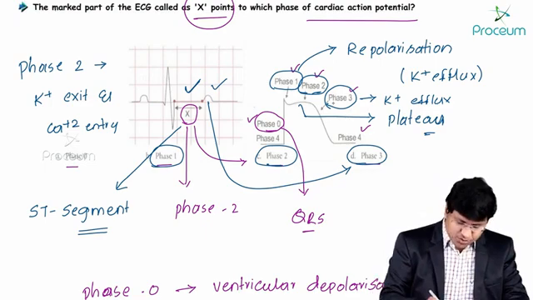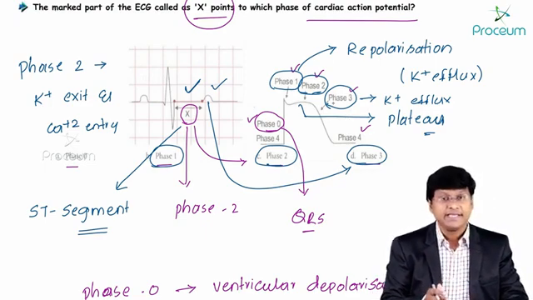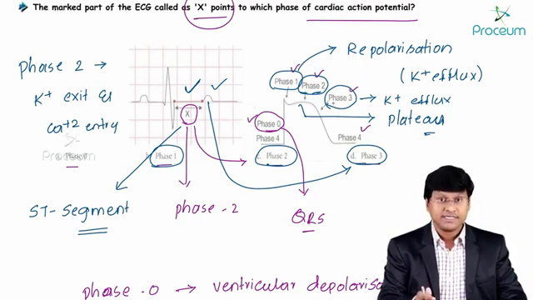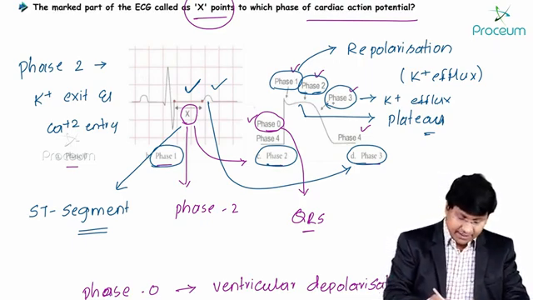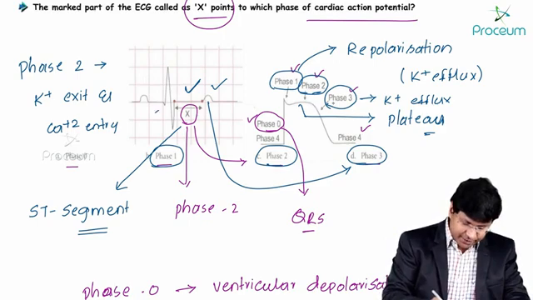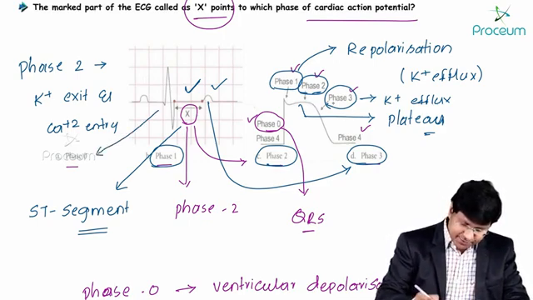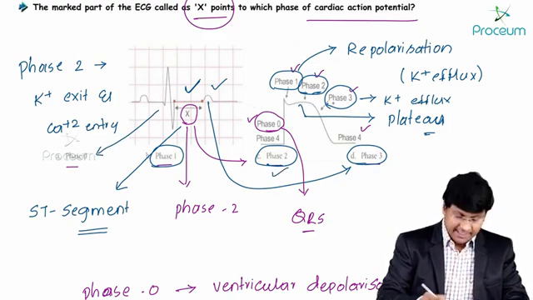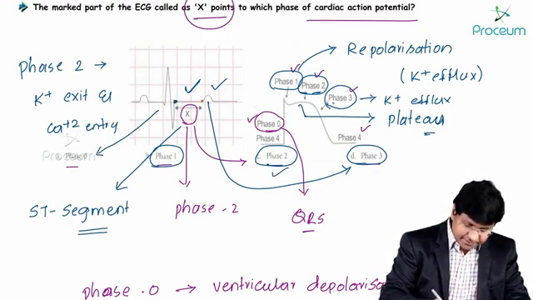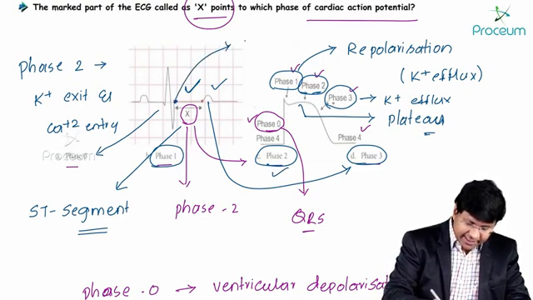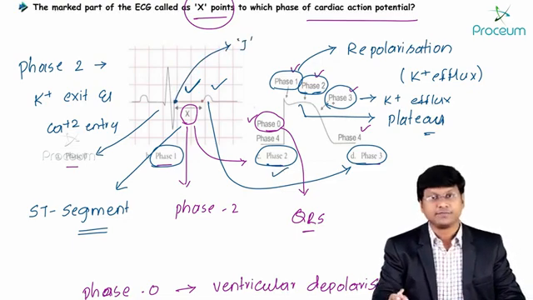Now, phase 1 will be in between phase 0 and phase 2. Now this J point corresponds to your phase 1.